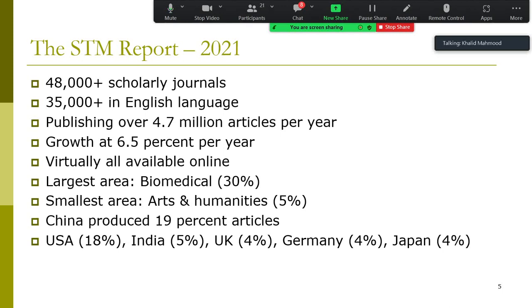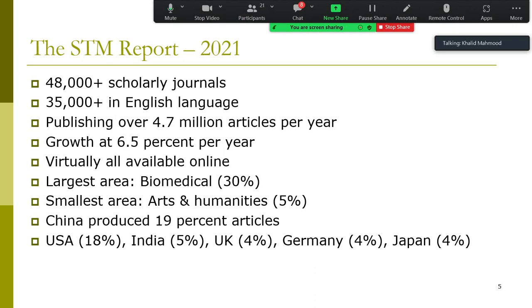Virtually all of the journals are available online these days. The largest subject area is biomedical sciences, which covers 30% of the total, and the smallest area is arts and humanities, which covers only 5%.